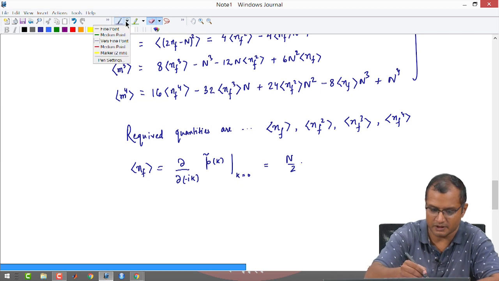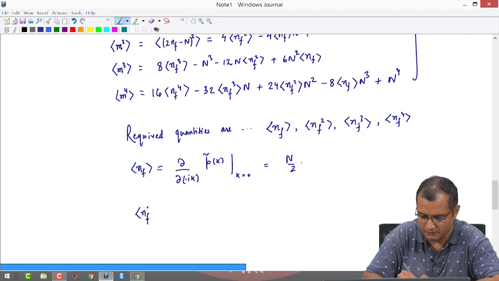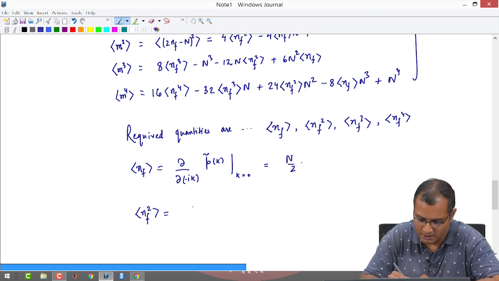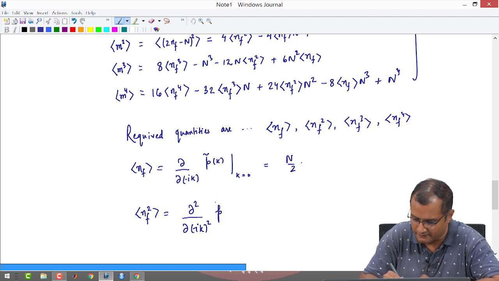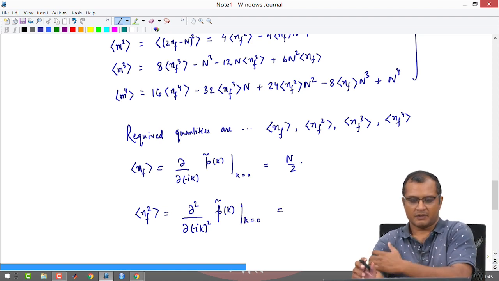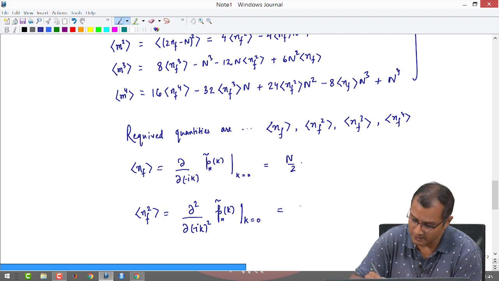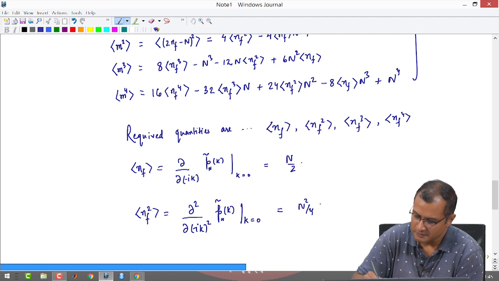Then you can compute the value for NF square, which would be the second derivative of P of k at origin, and using the value of P of k from the top, you can compute this to be n square by 4 plus n by 4.